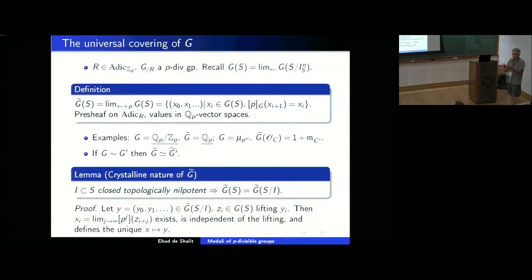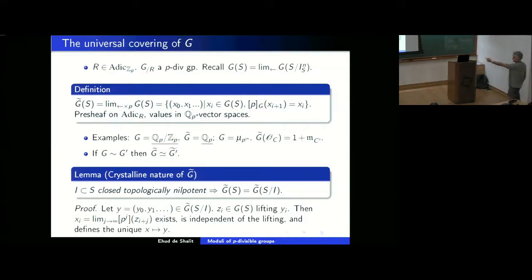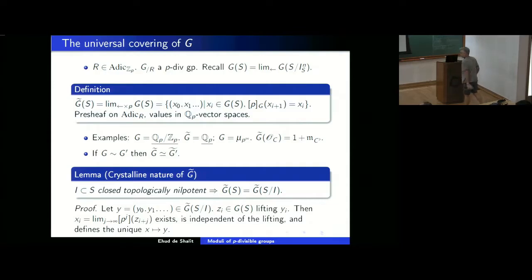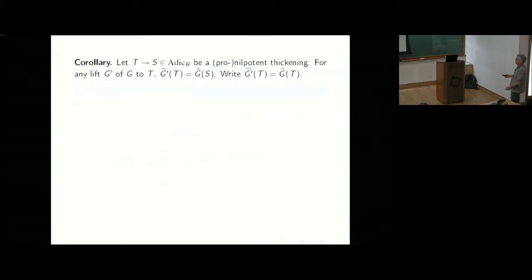Because, yeah, that's well known. And this immediately shows that this sequence that we define there is a Cauchy sequence, and it also shows that it's the only possible lift. So the lift exists and it is unique. So this very simple principle, which is behind the definition of the sharp map, proves this crystalline nature.